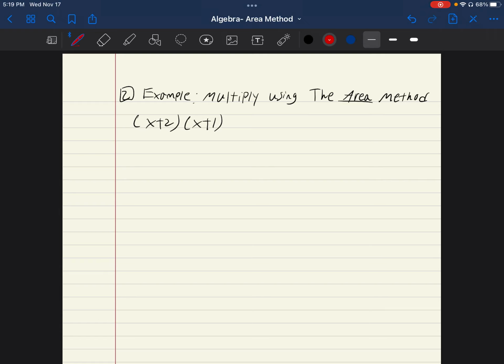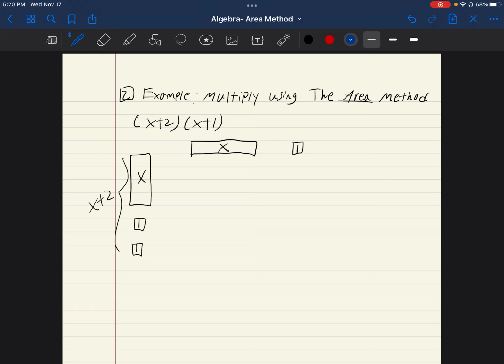We have a single block, which could be x, and then two smaller blocks. So this could be x, and this could be 1 and 1. So this is x plus 2. Then we have x again, and our 1.